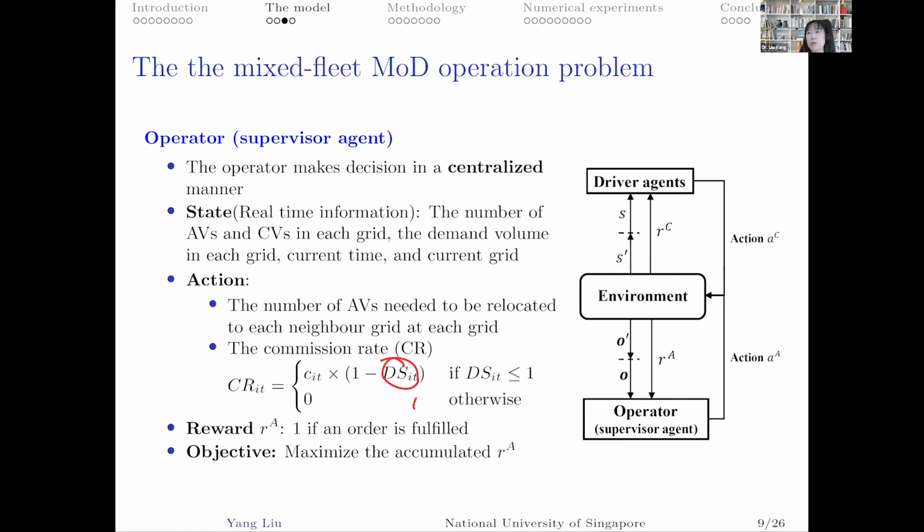So first, we want to study a realistic environment, so we consider both the behavior of drivers and then optimize the objective of operators. Because we cannot assume all the drivers will follow the decisions or orders of the operators. So I think this is one thing.